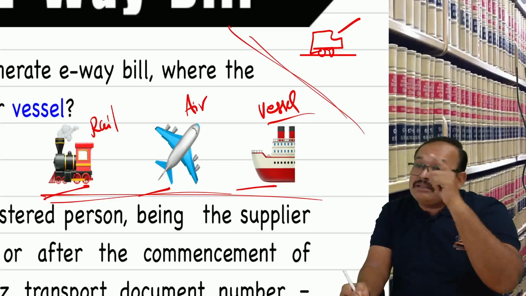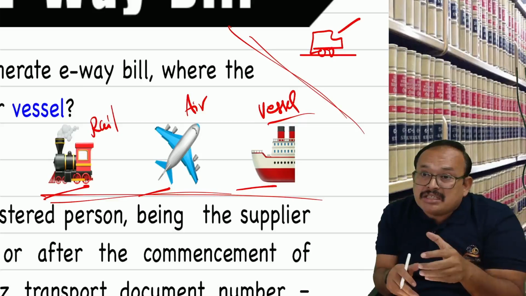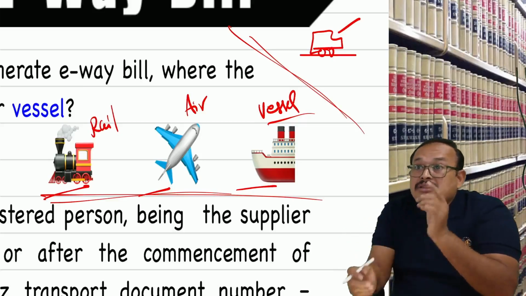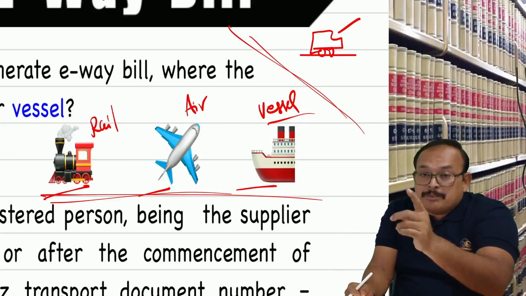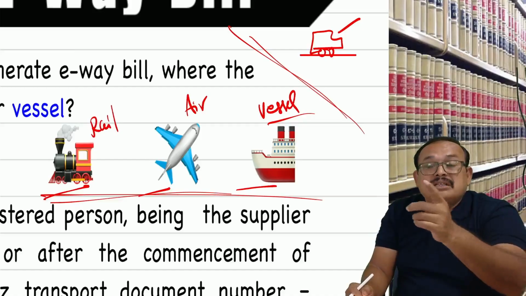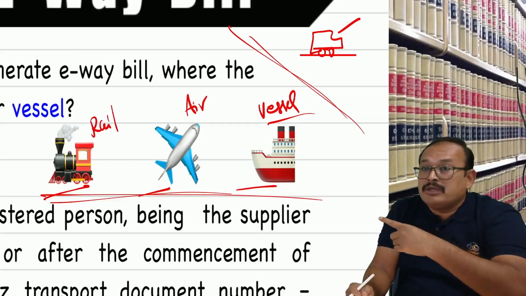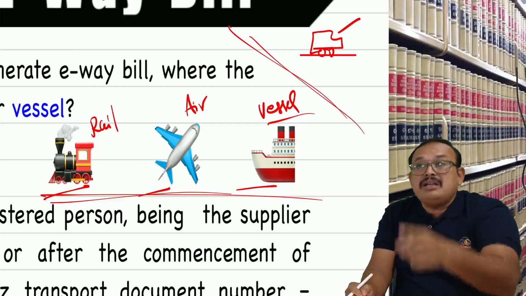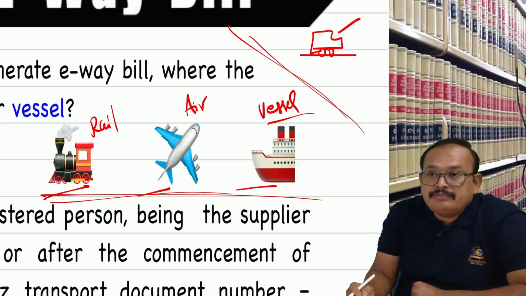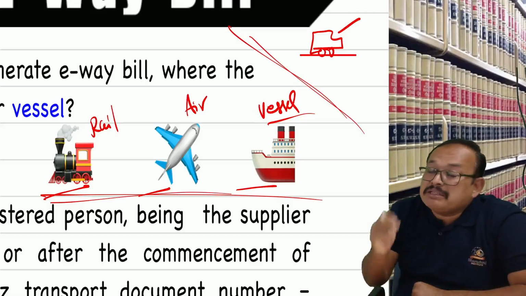But at the end of the destination, when the consignee takes the goods, at that time the e-way bill must be present. The railway authorities should not allow the consignee to take over the goods unless they submit EWB-01. You get my point, sir? There's a major difference.